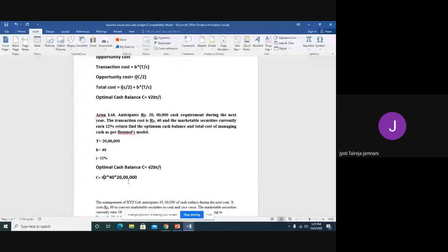First I have to multiply all this, and whatever answer I get, I will divide it by I. What is the rate? 12%, but I will take it as 0.12, converting it into decimals.